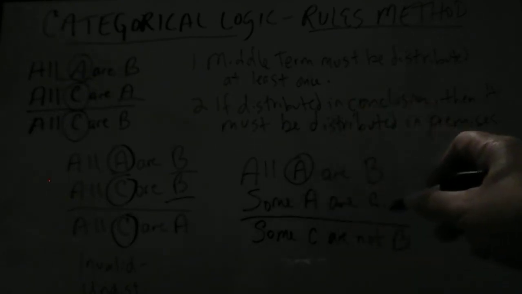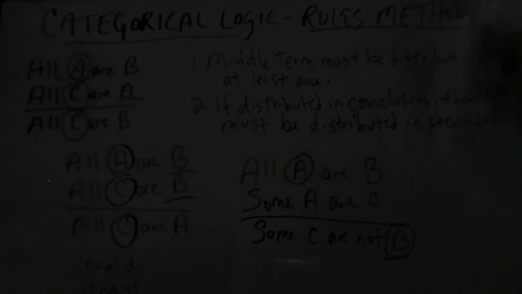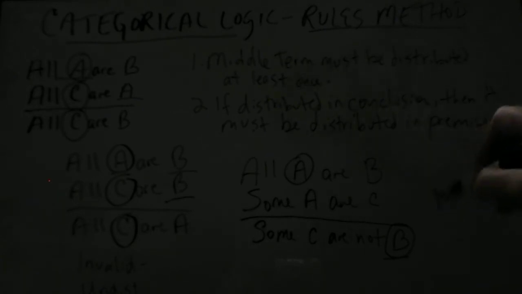With an I statement, you don't circle anything. With an O statement, you circle just the predicate. And so we see that the B is circled down here in the conclusion, but it's not circled up here in the premise. So this one we know is invalid because it violates that second rule.